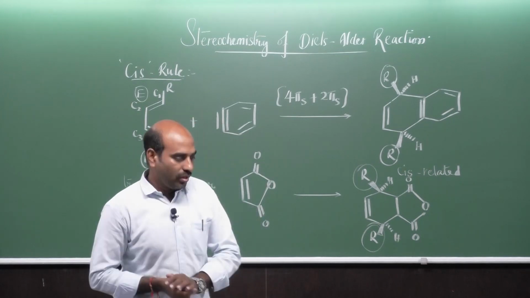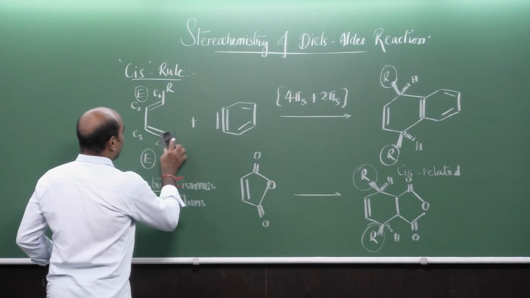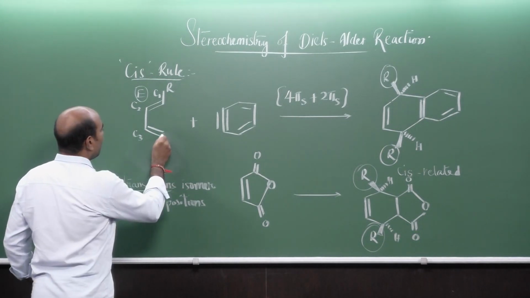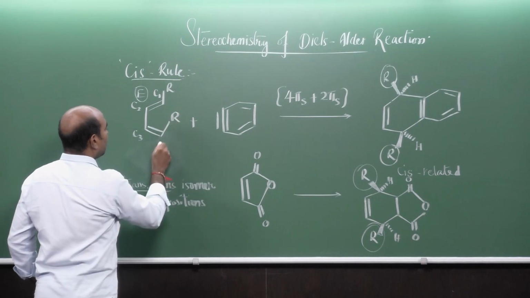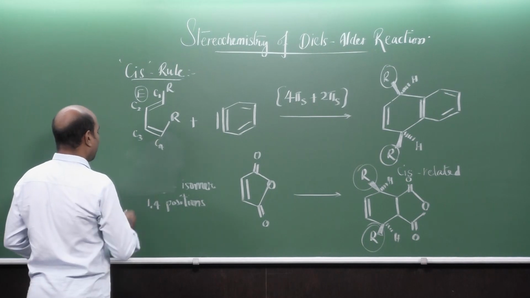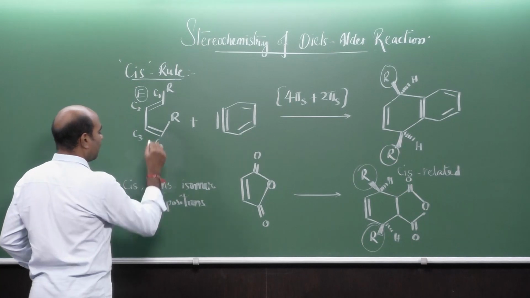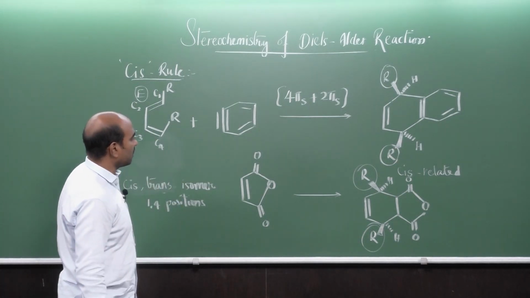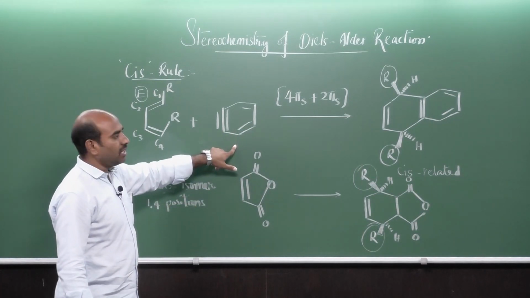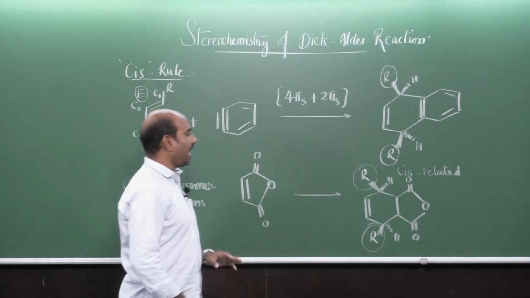Now, second rule, if you slightly vary the stereochemistry of the diene, so this is trans diene and now we are changing it into trans cis diene or cis trans diene, whatever it may be. So, if the diene's stereochemistry is cis trans at 1,4 positions, still it reacts with the dienophile, which may be a benzene or which may be a maleic anhydride or which may be another dienophile, any reactive dienophile.